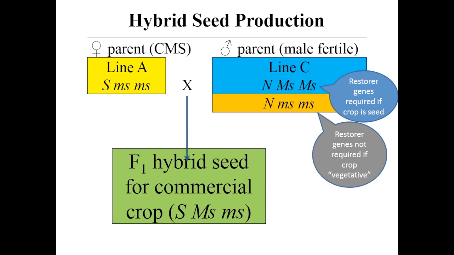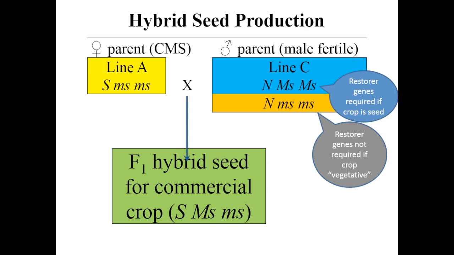Now, this is where the restorers enter in. If a seed crop is what you're after, say, for example, you're using CMS to produce canola, and the seed is what you want to harvest, then you need the restorer gene in order for that plant to be able to fertilize itself or fertilize its neighbors and produce that seed.